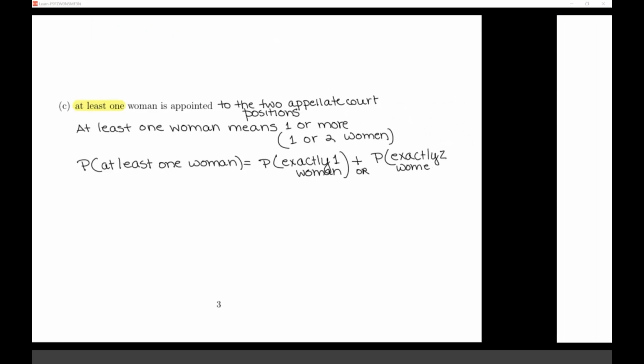So the probability is slightly higher than either of these separately, because you've got a choice. We can either have 1 woman on the appellate court or 2.